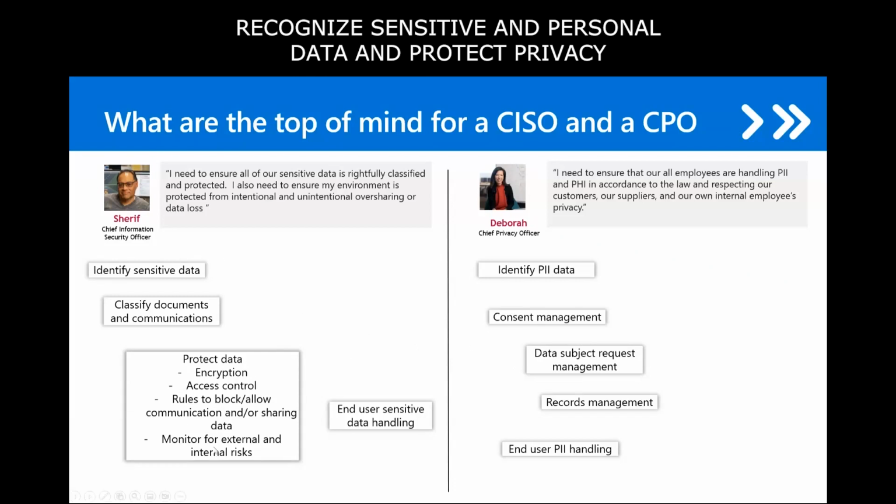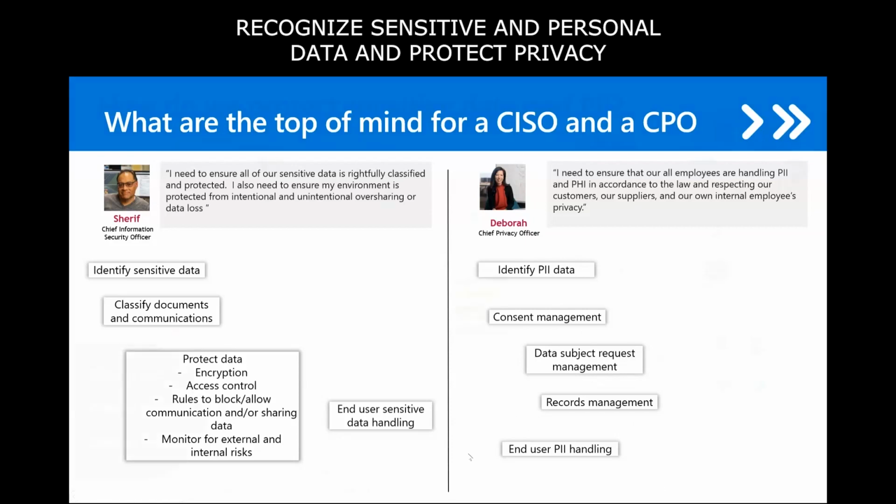From Sharif's side, he wants to identify the sensitive data, classify it, and protect it using different techniques. Deborah also wants all these technologies and steps, but she has other obligations from a regulation or law perspective. She has to do consent management, data subject request management, and records management also. These are some of the other top-of-mind items for her.